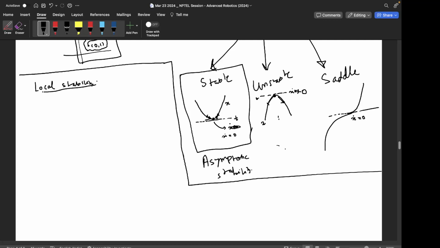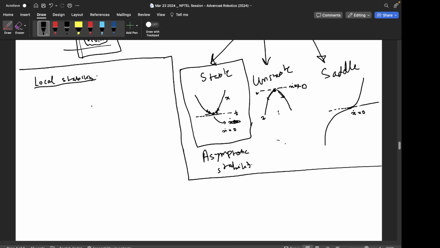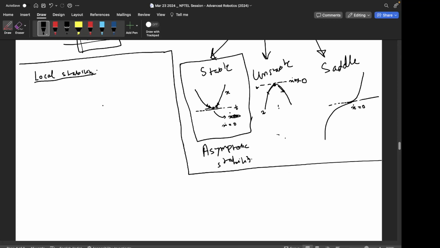Again, these are terms which need to be understood in depth, but local stability means that the conclusions you will draw will be restricted to a certain region around the equilibrium point and might not be applicable through the entire domain of the states, right? So if you start in this region, then it's stable, but if you go outside that, then those results might not hold.